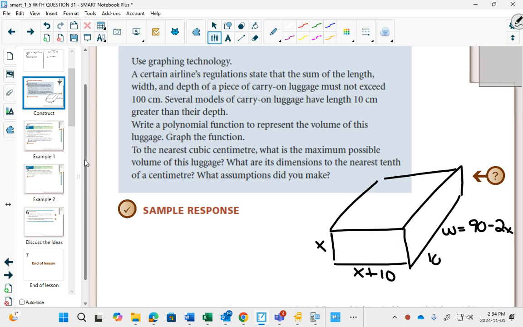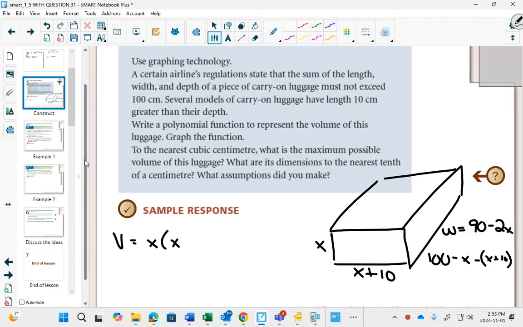Because you would take your 100 that you started with, right? You would subtract this x, and then you would subtract this x plus 10. We'd have to put that in brackets, because you're subtracting all of it. And that would give you 90 minus 2x. And if we can get everything in terms of x, we can write out the volume.